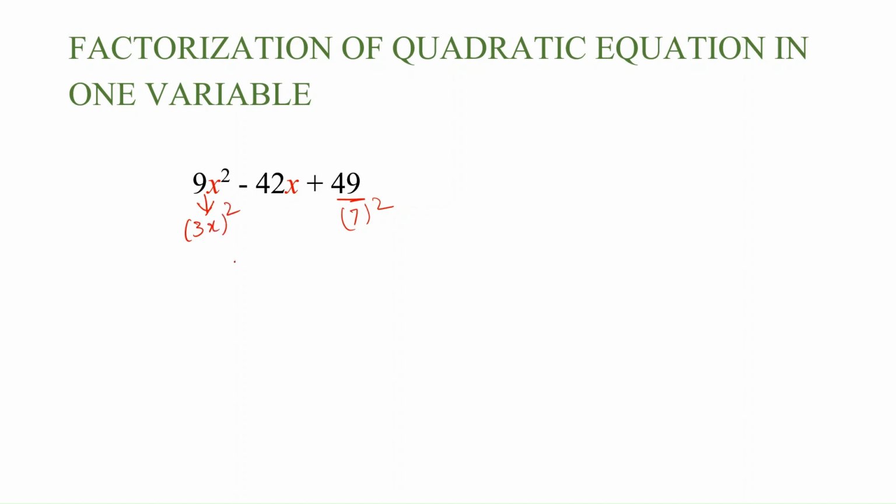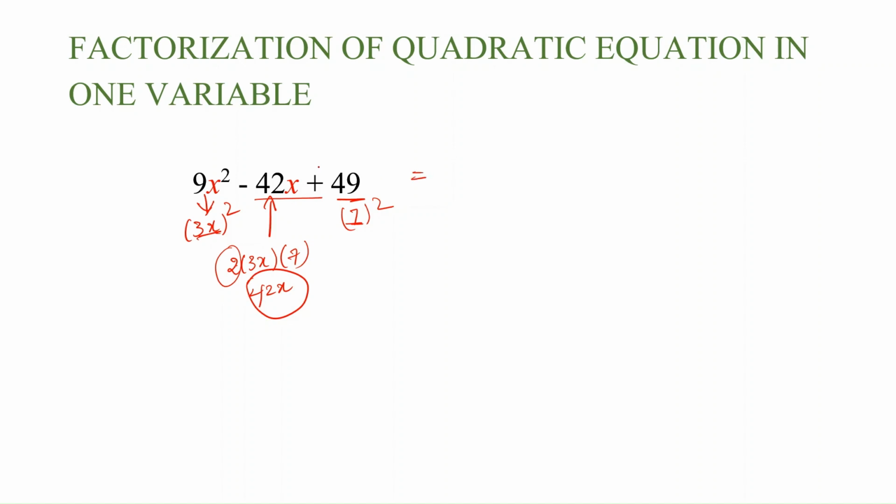We'll try to see if 2 into 3x into 7 works. 2 will take here, 3x from here and 7 here. We'll multiply this. 2 into 3 is 6, into 7 is 42x. This is satisfying the condition. These two terms are equal, whatever we got here and the middle term.